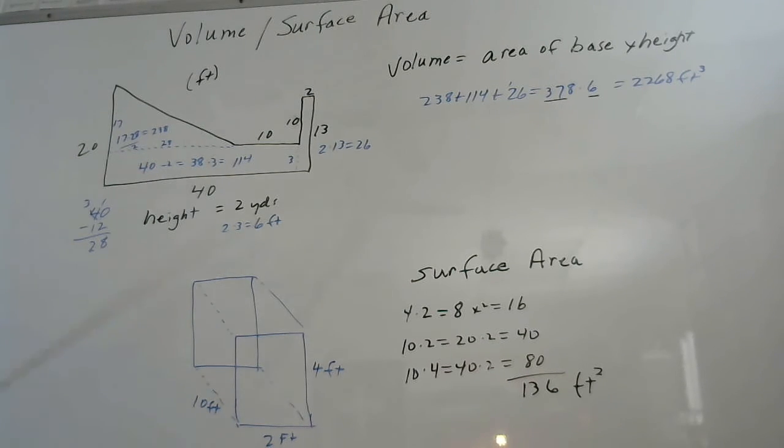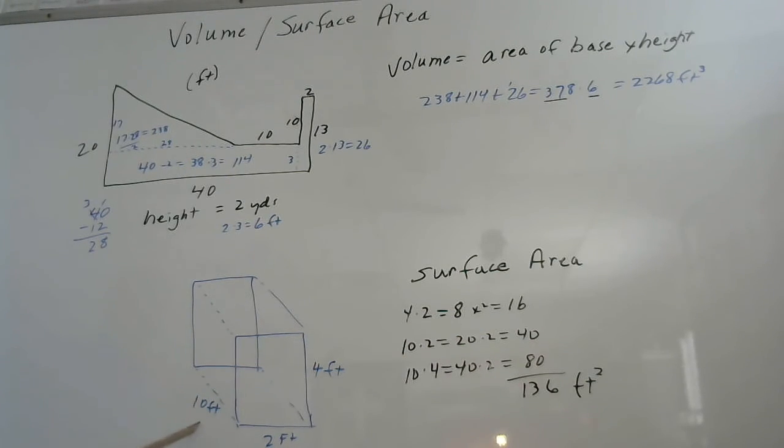Okay, the next problem right after this was on total surface area, and they want you to draw a rectangular box with those measurements that are given. So what I have to do is find the total area of each side and add it all together. Well, I went first 4 times 2, which is going to be this side and the back side there. 4 times 2 is 8. There's 2 of them, so it's 16 for the 2 sides.